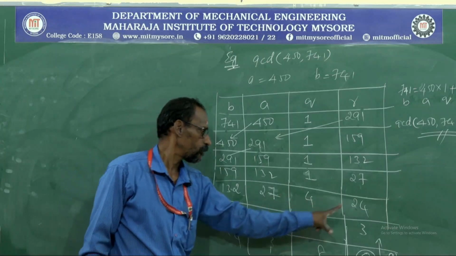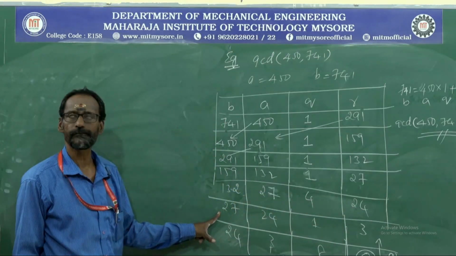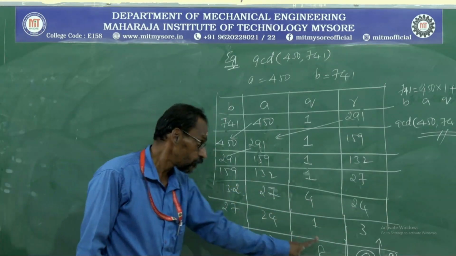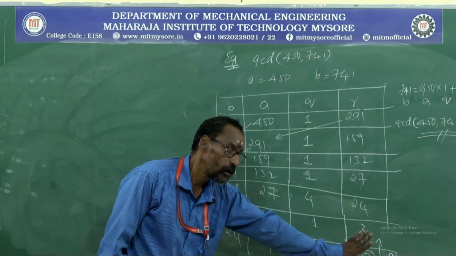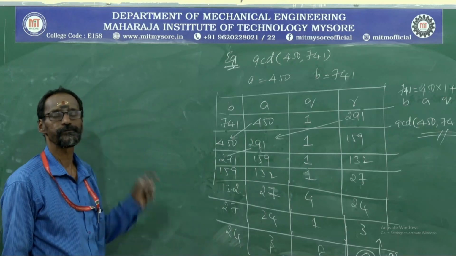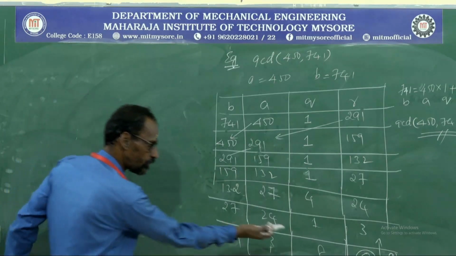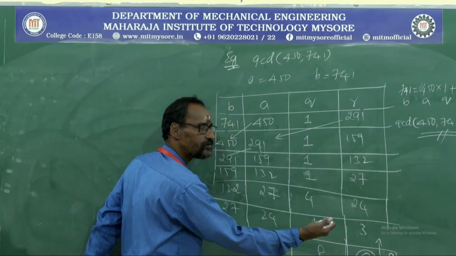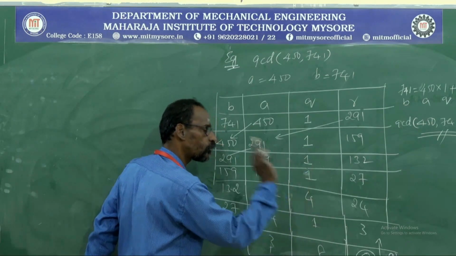And 24 into 1 plus 3 gives 27. 3 into 8, no more R; directly 3 into 8 gives you 24. So go to the previous one, take the non-zero value of R, and that is the GCD.